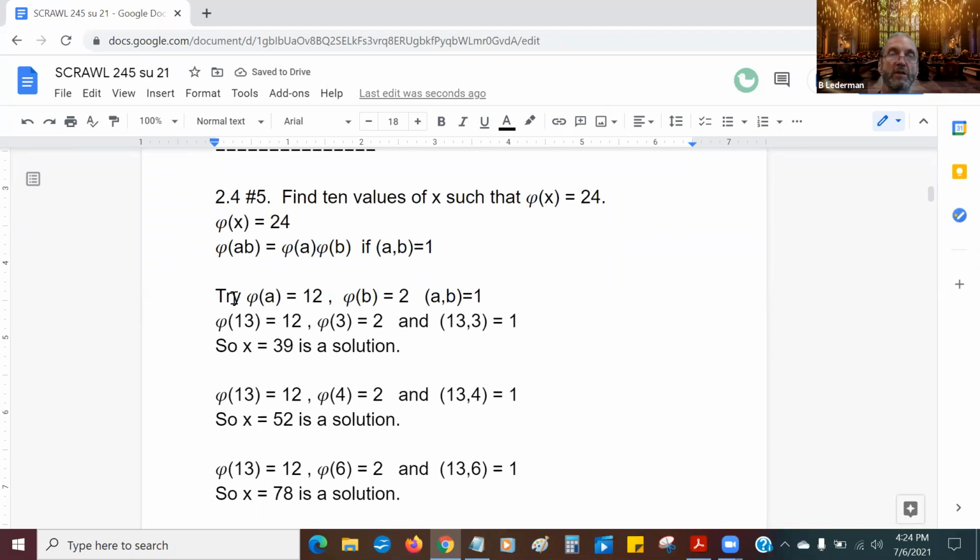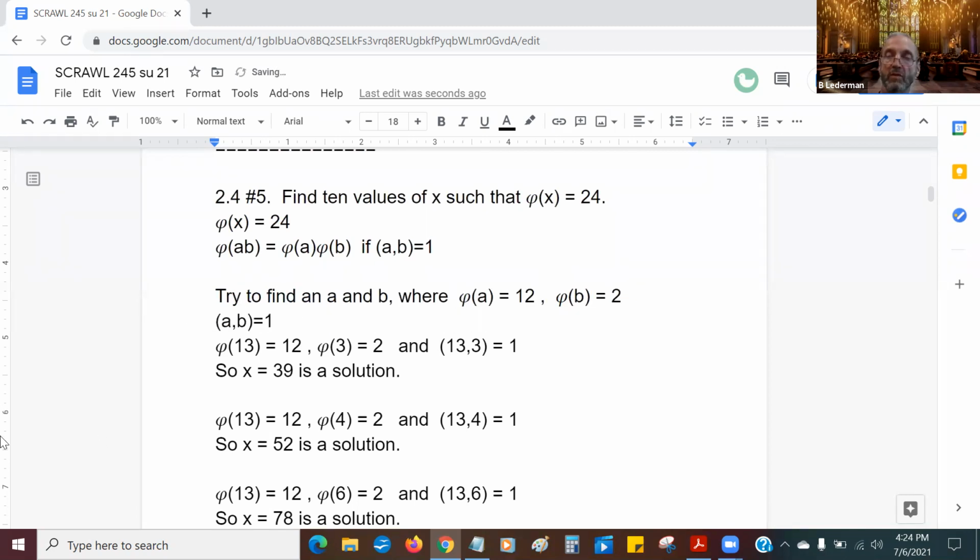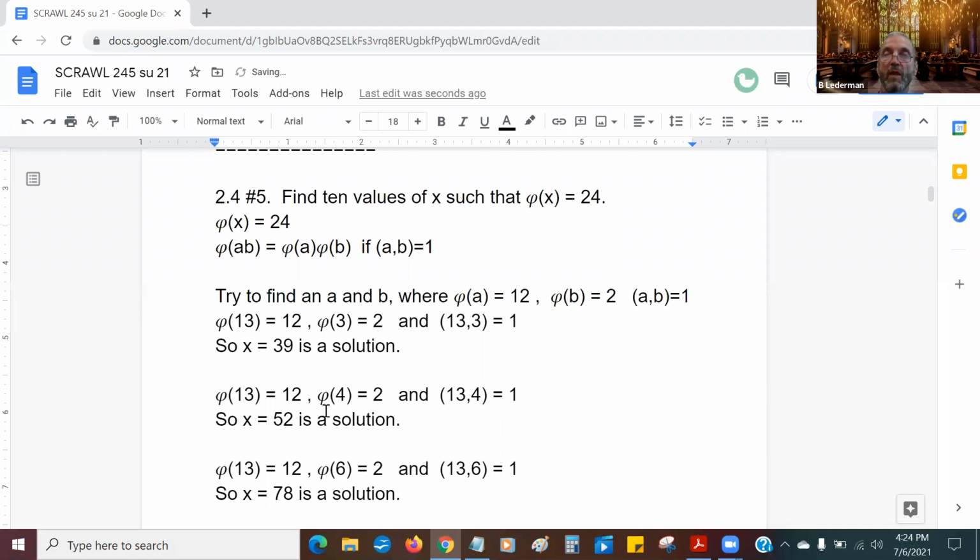Let me write this down. Try to find an A and B where phi of A is equal to 12 and phi of B is equal to 2, and A and B are relatively prime.